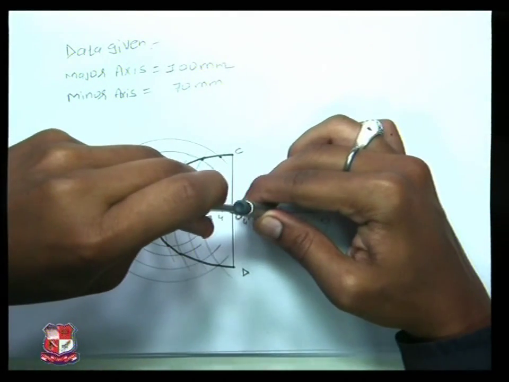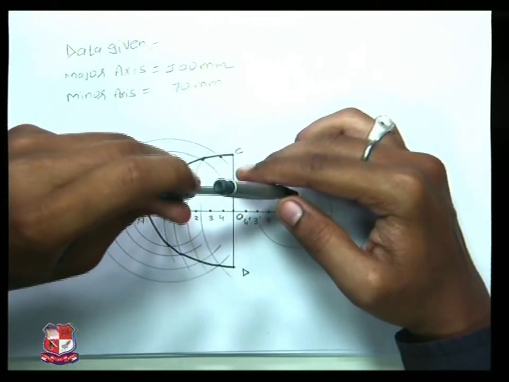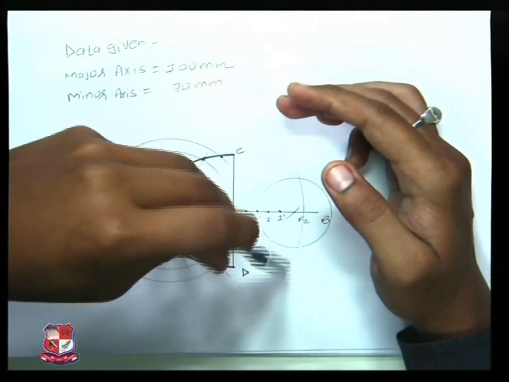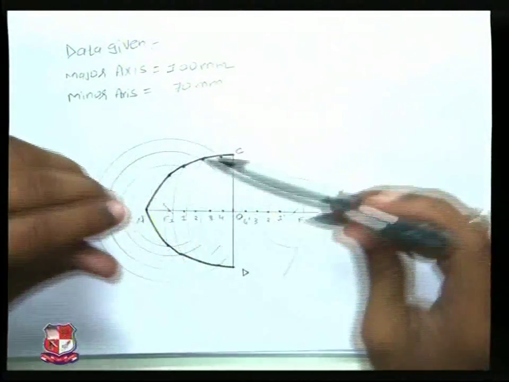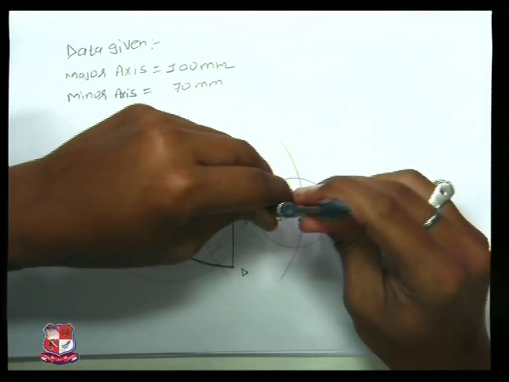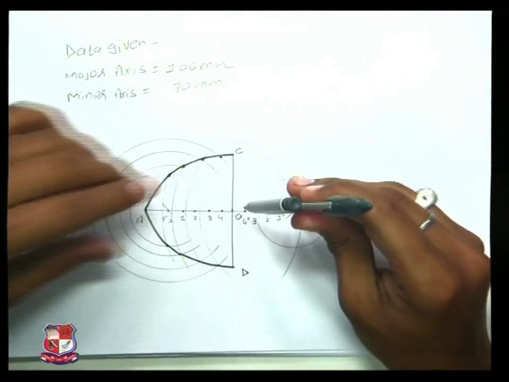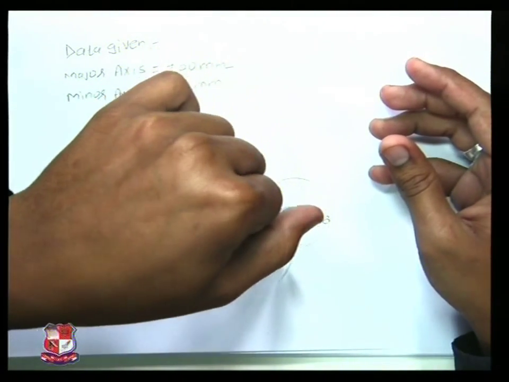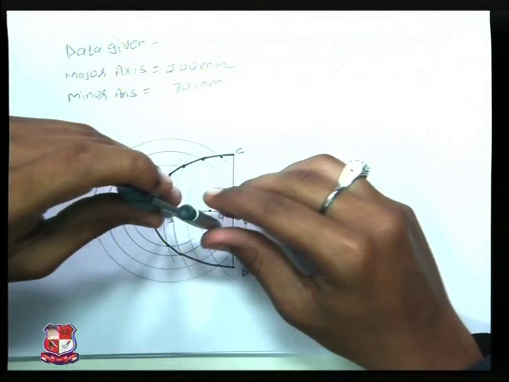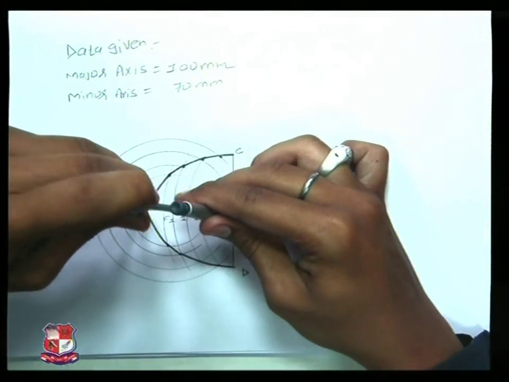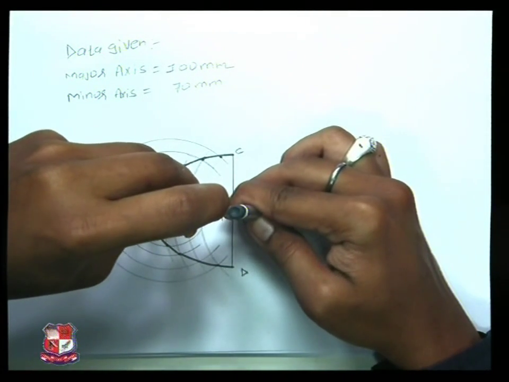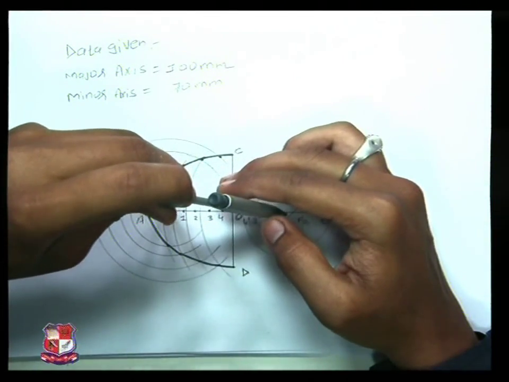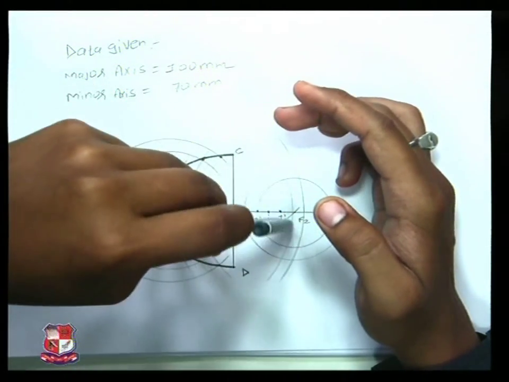A1 dash as radius, F1 as center. Draw an arc. B2 dash as radius, F2 as center, draw an arc like this. A2 dash as radius, F1 as center, draw an intersecting arc like this.